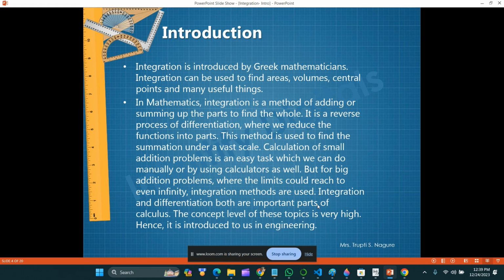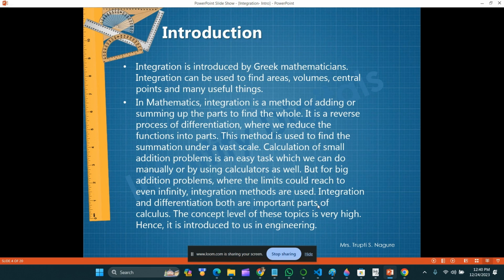But these formulae are applied for shapes that have a proper shape. Therefore we can use mensuration for those problems, but for different types of shapes, we have to use integration.